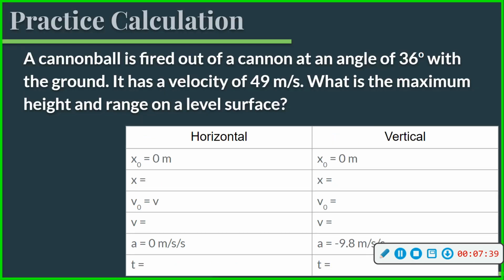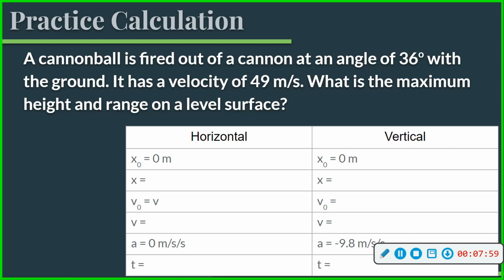Right. So let's actually put this into practice. Cannonball's fired out of a cannon at an angle of 36 degrees, has a velocity of 49 meters per second. What is the maximum height and range on a level surface, right? So it's going to come back to the same height from which it was fired.